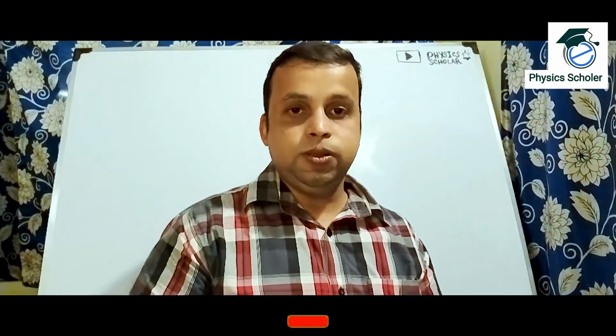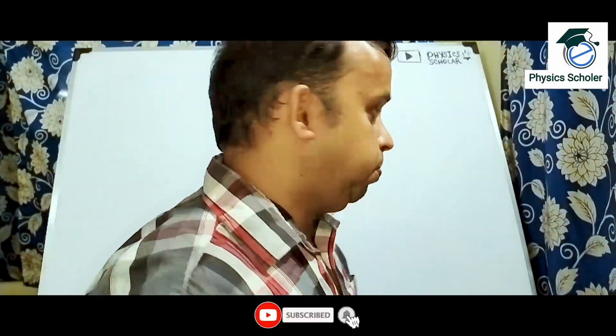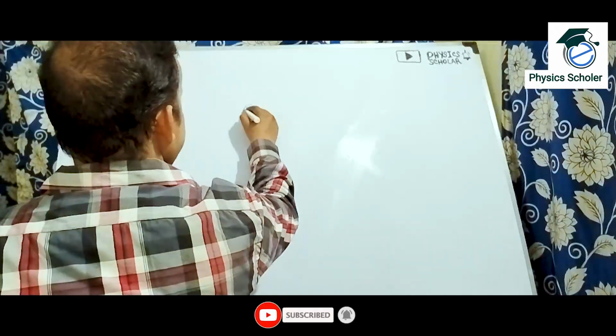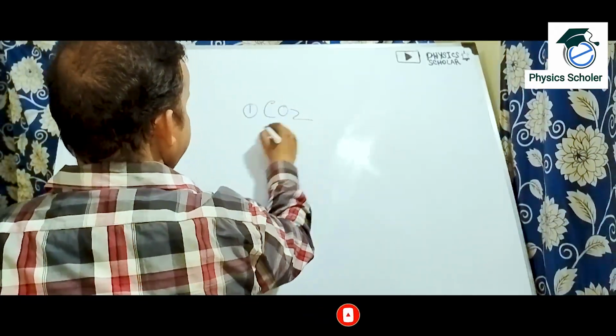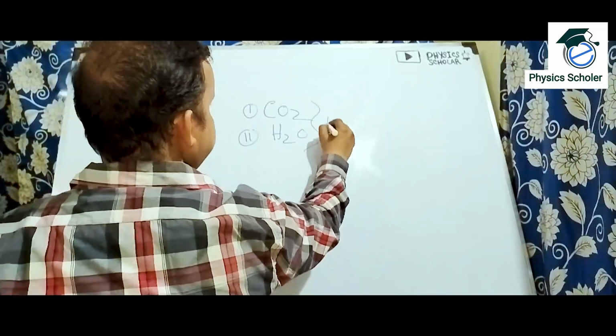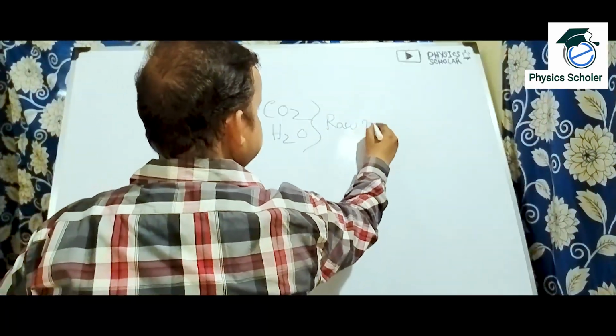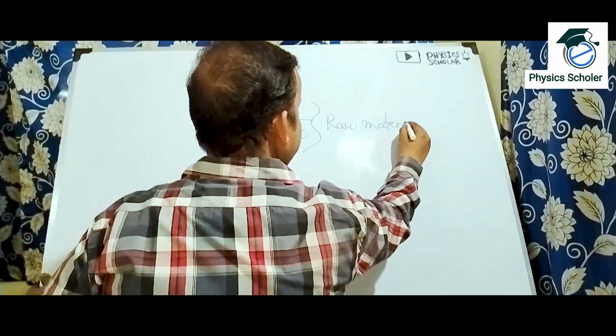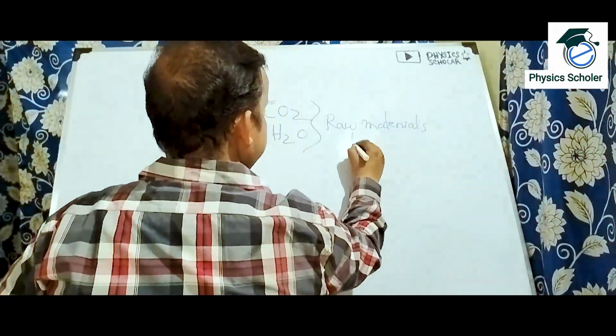So what are the two things the plant is taking from the atmosphere? Carbon dioxide and what is that? Water. These are known as the raw materials of photosynthesis.